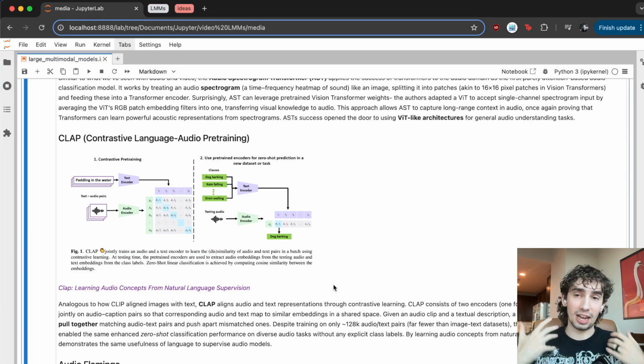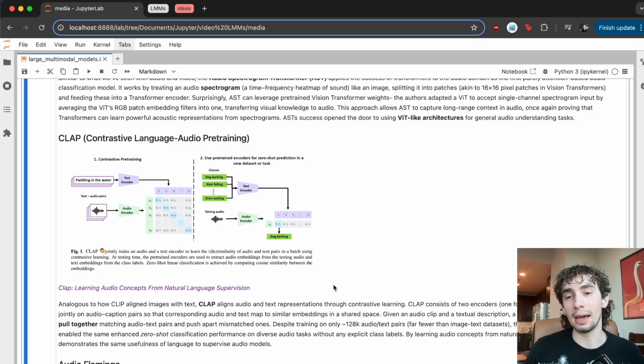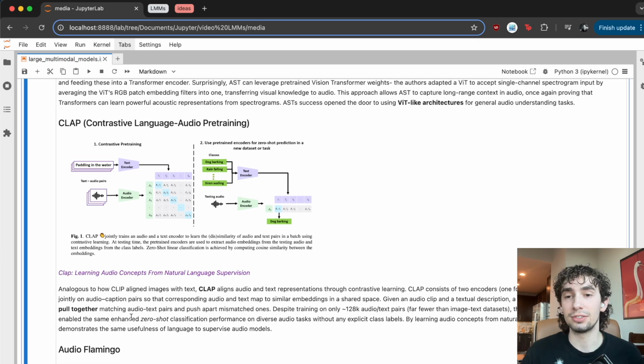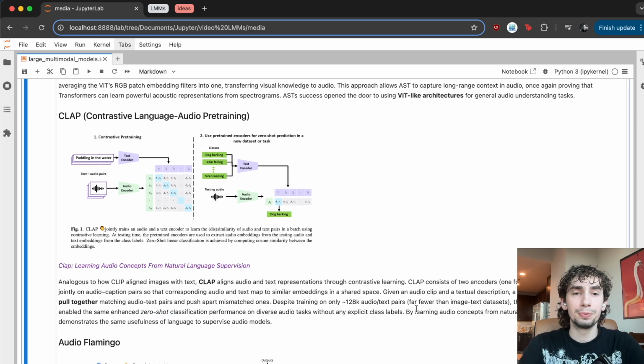And we saw exactly the same results, with the CLAP model being able to have the same zero-shot classification abilities on unseen text audio pairs. So now through this model, we can learn audio concepts through natural language supervision and align the two together in a shared embedding space.